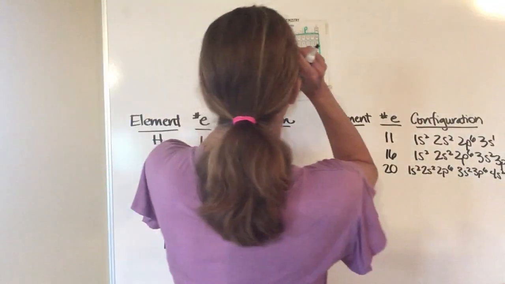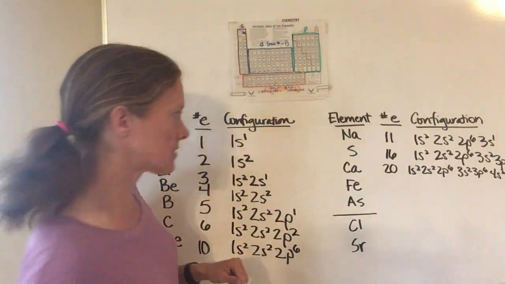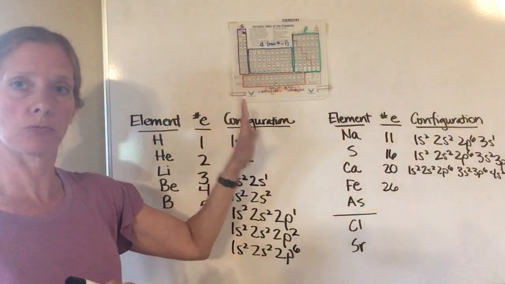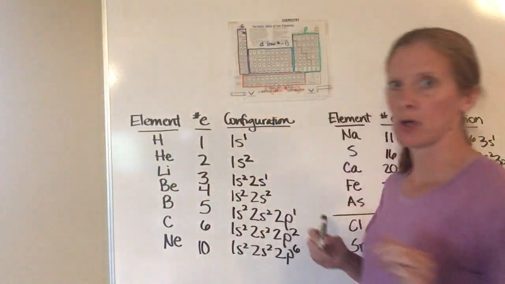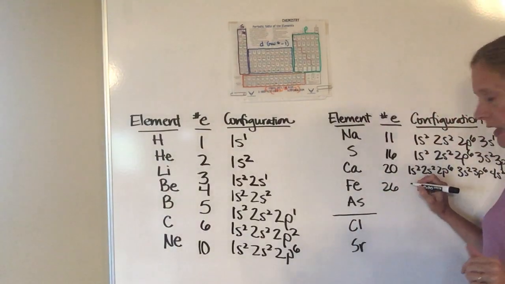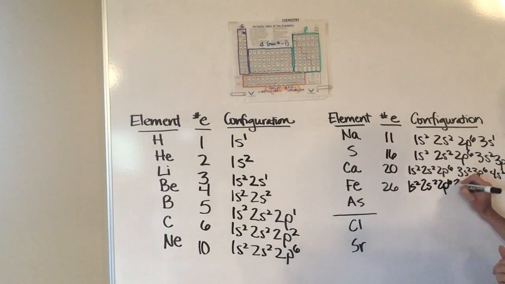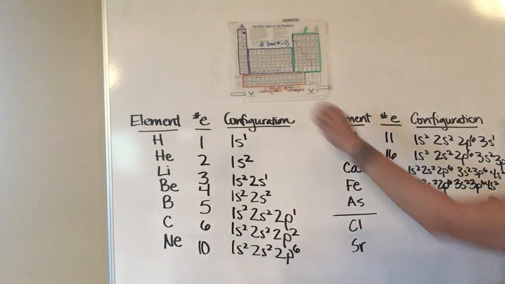So, iron has 26 electrons. And again, I'm just going to read my way across the periodic table in order to get here. So I'm going to have 1s2, 2s2, 2p6, 3s2, 3p6, 4s2.